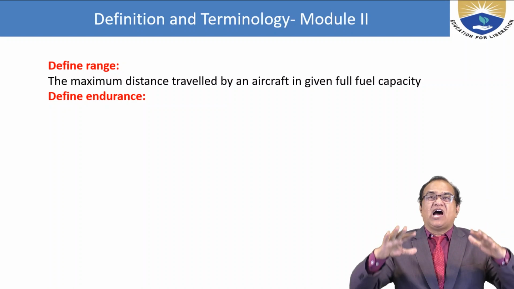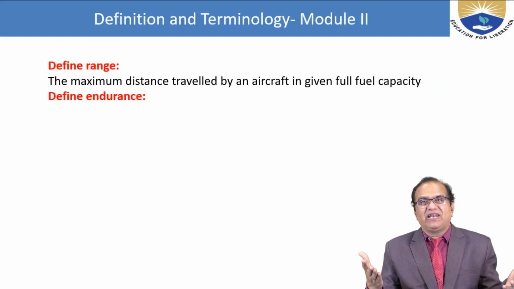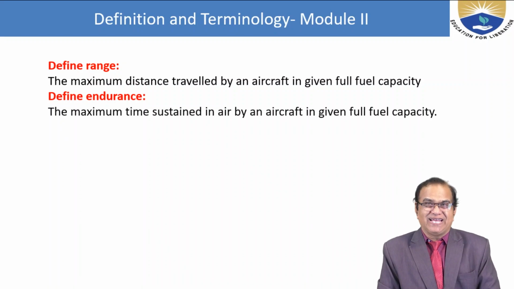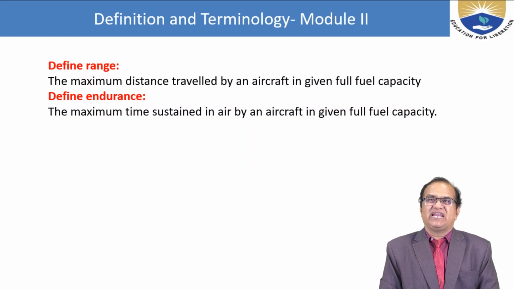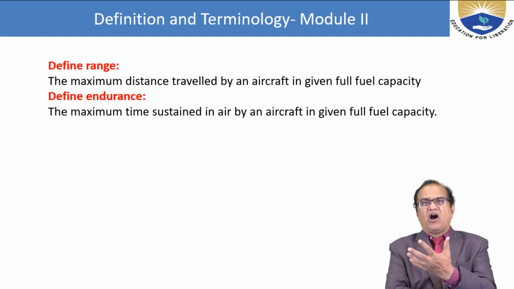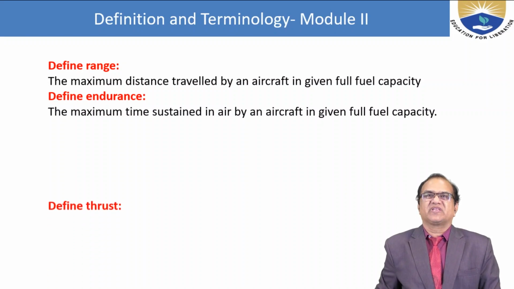Our objective is how much time it is flying in the air with the given amount of fuel. So endurance is the maximum time sustained in the air by an aircraft with a given fuel capacity. If your fuel is full, how much time can your aircraft sustain in the air.